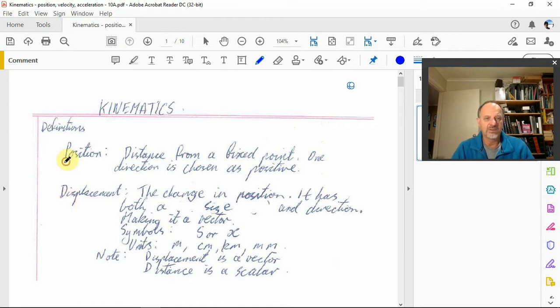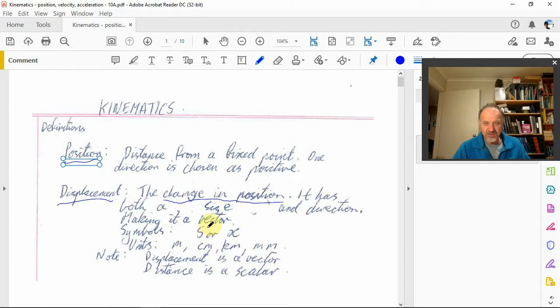Then the next one is displacement. Now, displacement is related to position, but it's not the same. Here it is the change in the position. It says here it has both a size and a direction, and things that have size and direction are vectors.